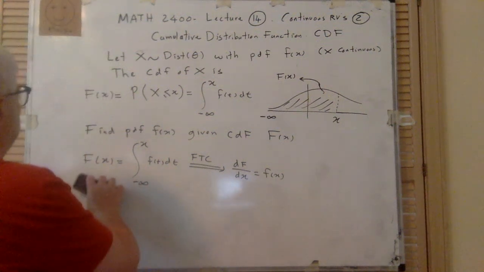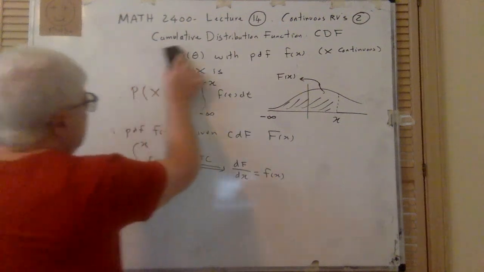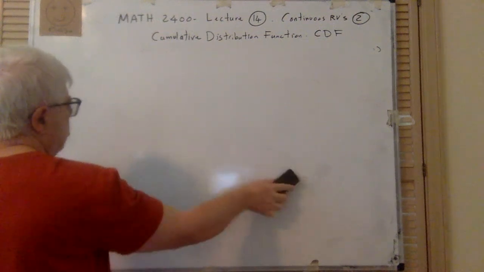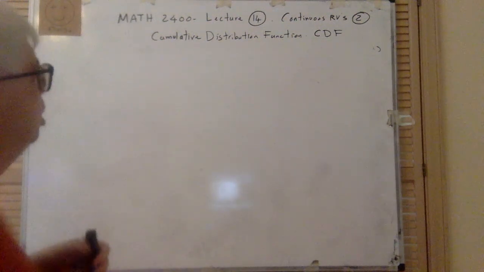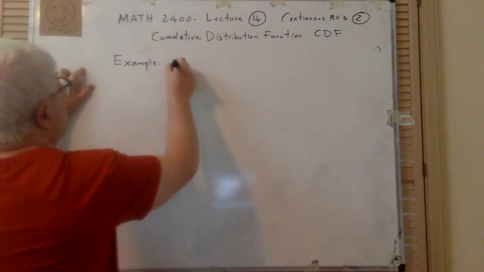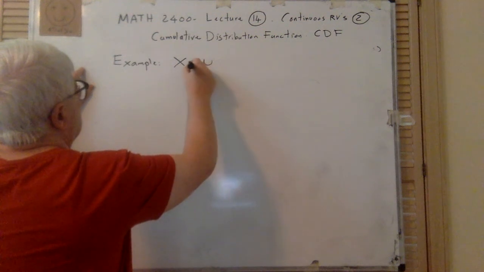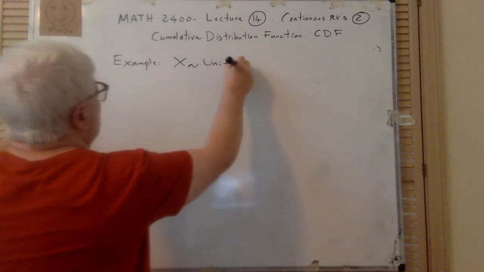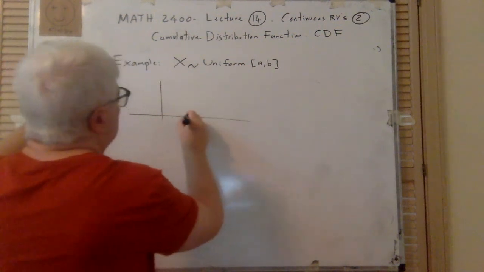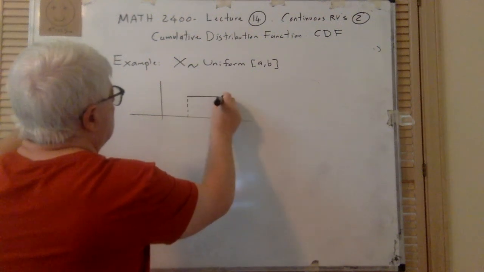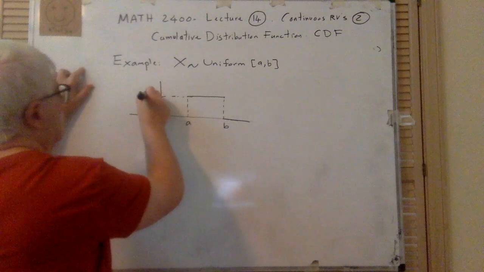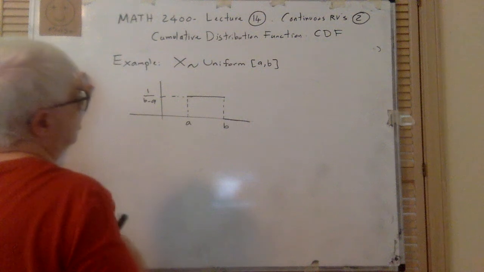Okay, so let's see. Now, what kind of random variables did we have? And what examples did I give you last time? If I remember correctly, that was uniform. So let's do an example. Remember the uniform random variable that was 0 everywhere, and then suddenly between a and b, it was 1 over b minus a.